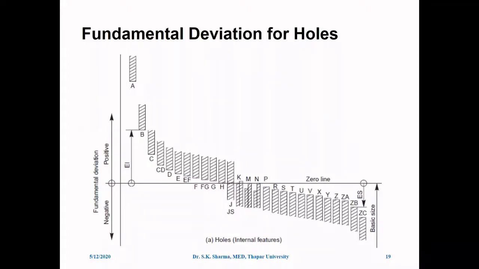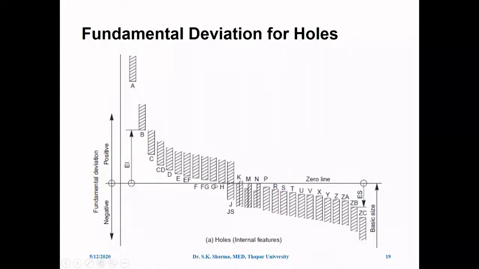For any dimension, we will have a lower size and an upper size, as we discussed yesterday also. That is, you have a basic size, and around it you allow a minimum size and a maximum size, and the actual size of the component should have its real dimension lying within that band, right? So these alphabets indicate that around this zero line, how far can that lowest size go, right?